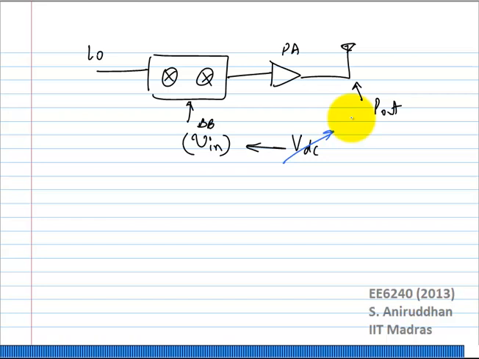Maybe, I don't know, 10 dBm, 20 dBm, 30 dBm. At the end of the day, I want to characterize the transmitter at the maximum output power. What I need to do is correlate the DC I have to apply at the input to get the same amount of maximum power for the single tone as I would have got if I had applied a modulated signal.